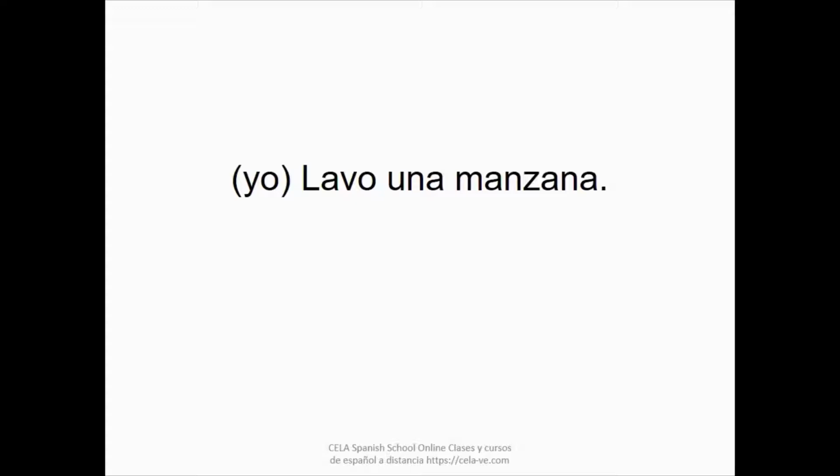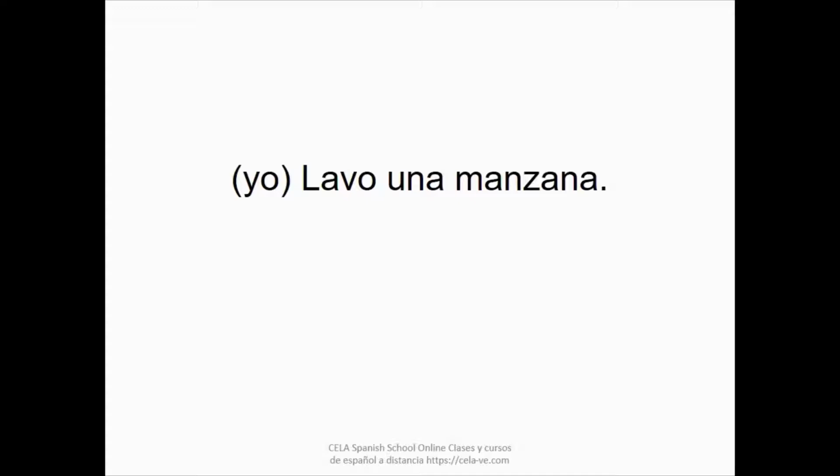Since this is not possible in English, nor in many other languages, some students tend to use yo constantly. This sounds very strange in Spanish and is redundant. We don't say yo vivo, yo trabajo, yo como, but vivo, trabajo, como.